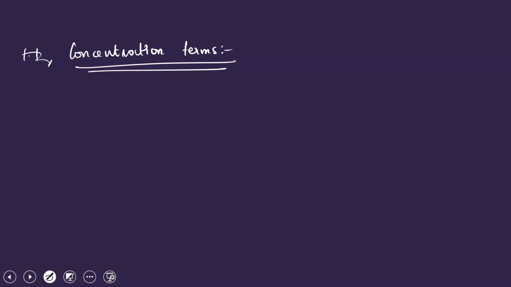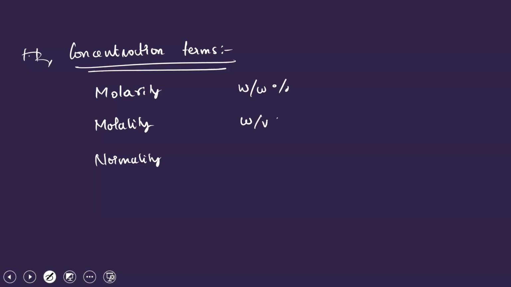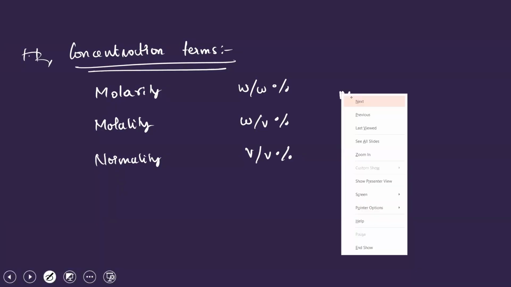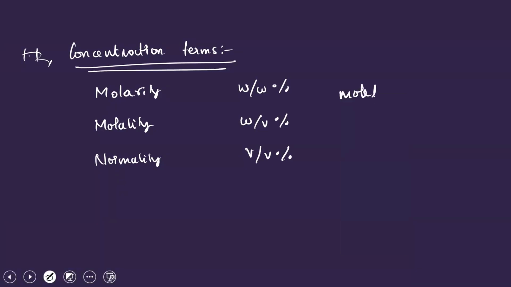So as per concentration terms, the different things that you have are molarity, molality, normality, weight by weight percentage, weight by volume percentage, volume by volume percentage. At last, something you have got is mole fraction.